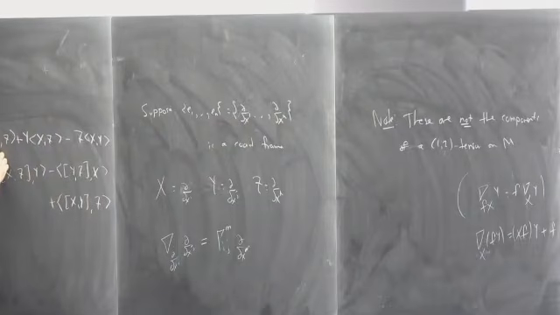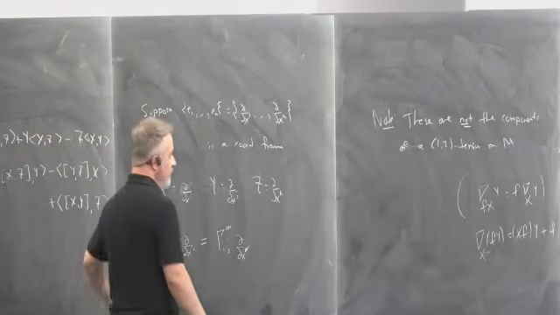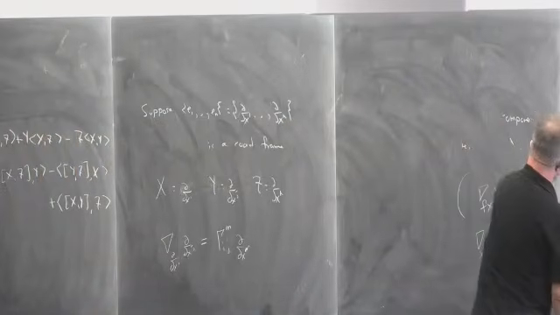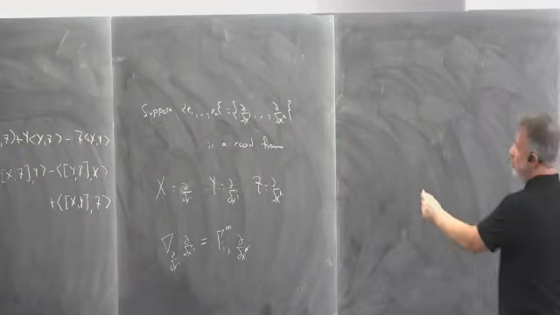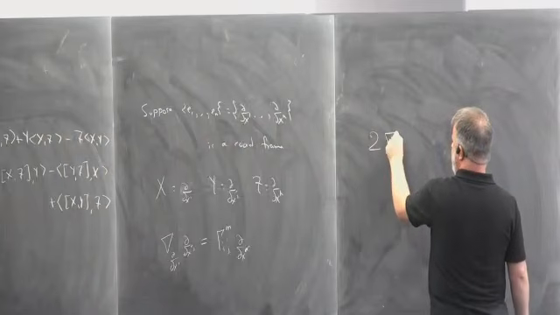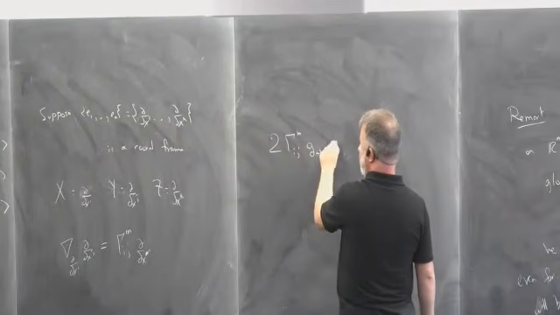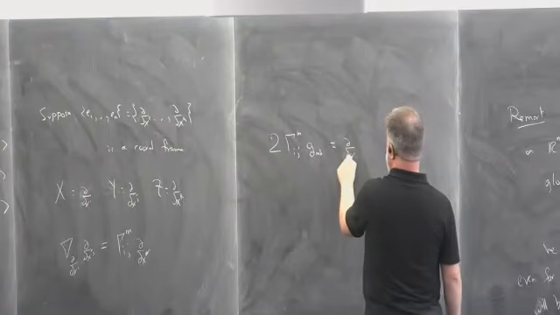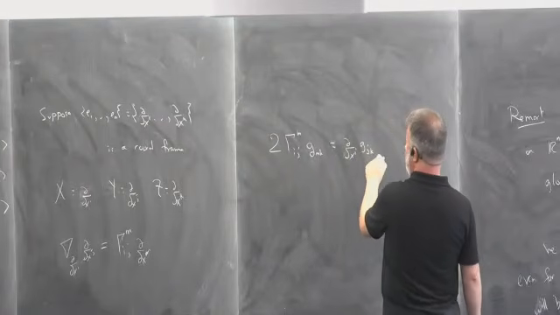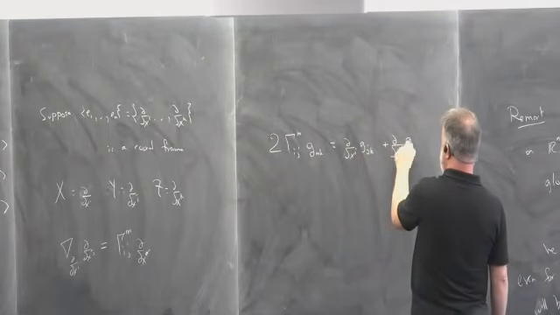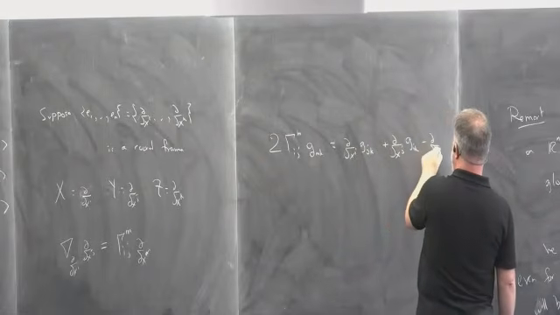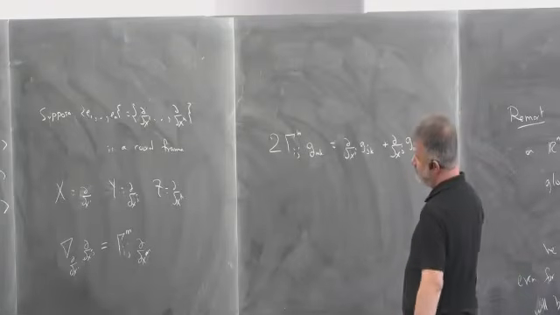And what's this? If Y is d/dxj and this is d/dxk, this is just g_jk. So we get 2 gamma^m_ij g_mk on the left. And here we get d/dxi of g_jk plus d/dxj of g_ik minus d/dxk of g_ij.